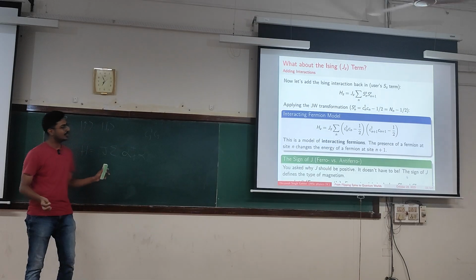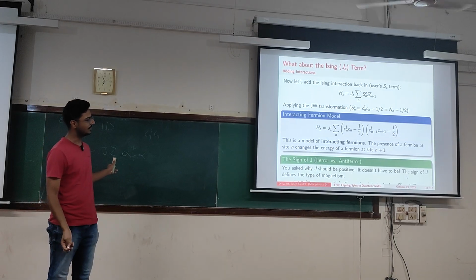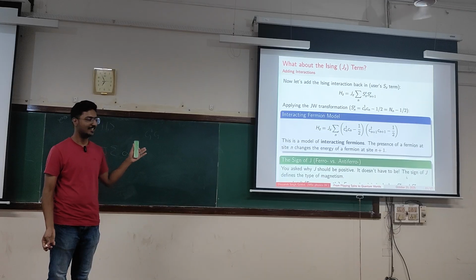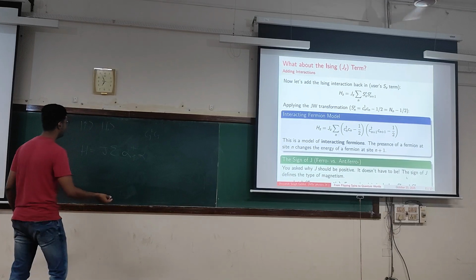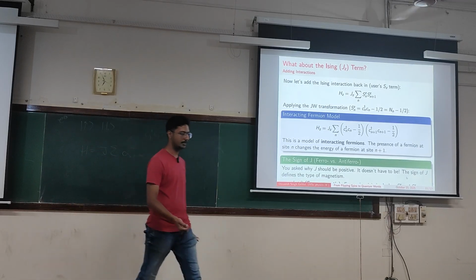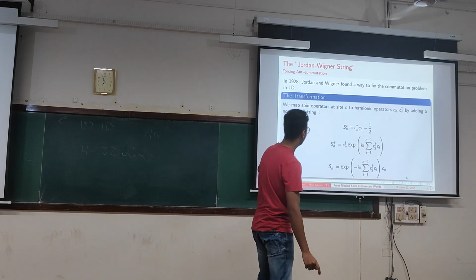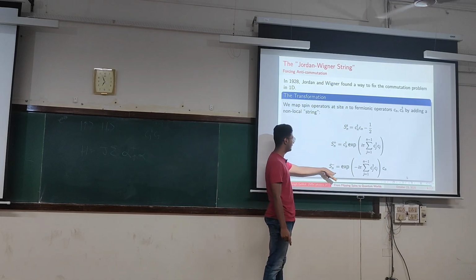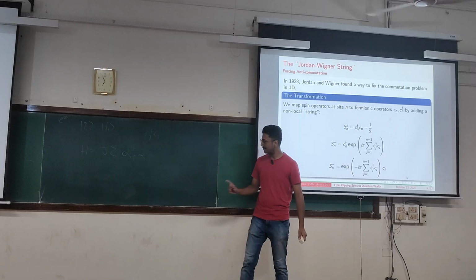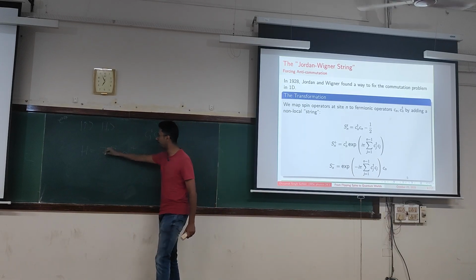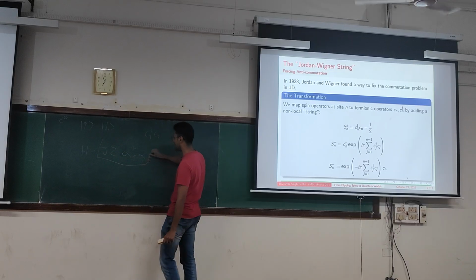That is a bit lengthy calculation. I have done it, I forgot to add the slide, my mistake. So when we substitute this new Sn and Sn plus, things magically cancel out and we get one simple Hamiltonian, which is this.